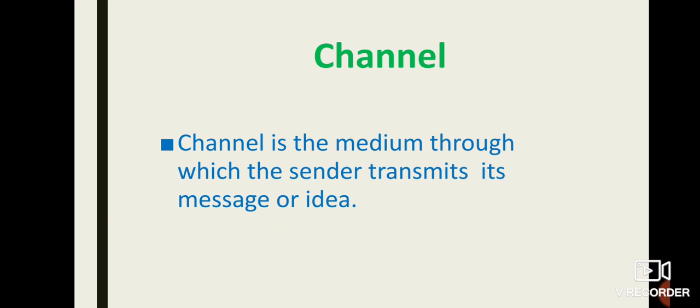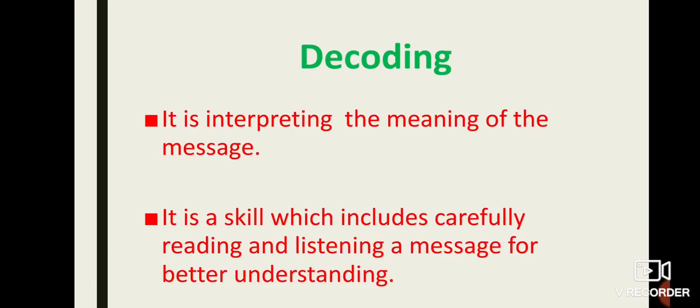So the next step of the communication process is decoding. It is interpreting the meaning of the message. After the proper channels are selected, the message enters the decoding stage of the communication process. The decoding is done by the receiver, and decoding is a skill which includes carefully reading and listening to a message for a better understanding.